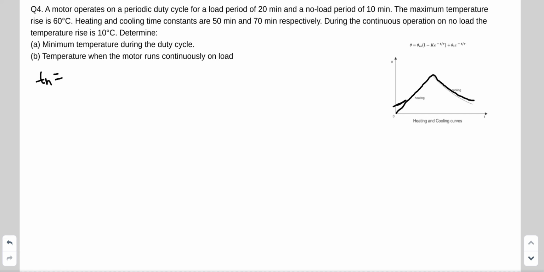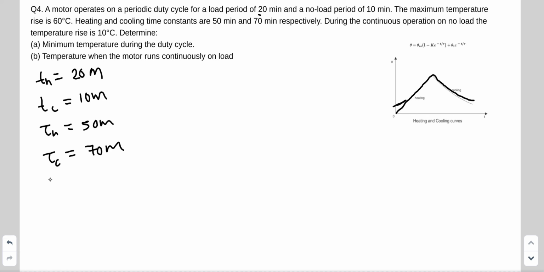Heating time is 20 minutes and cooling time is 10 minutes. Heating time constant is 50 minutes and cooling time constant is 70 minutes, and maximum temperature is also given.